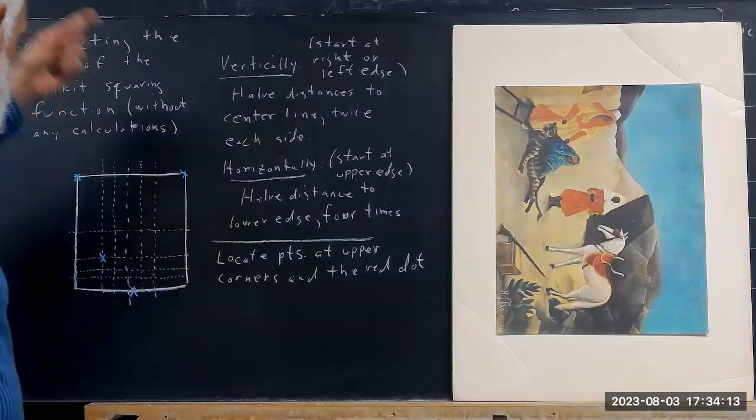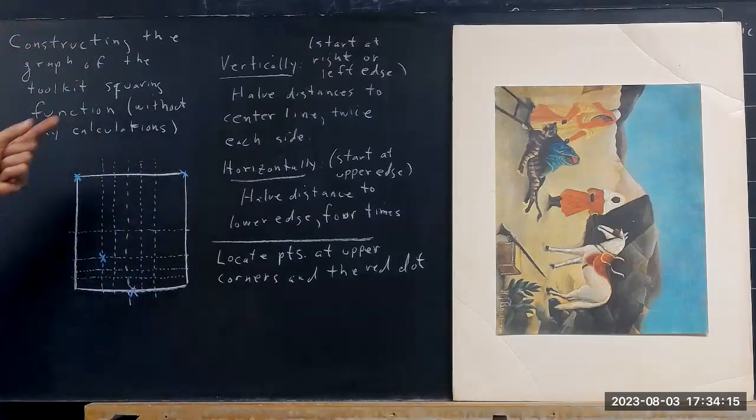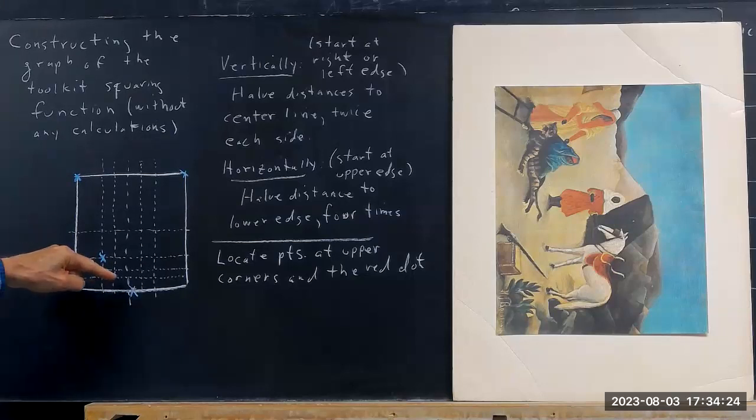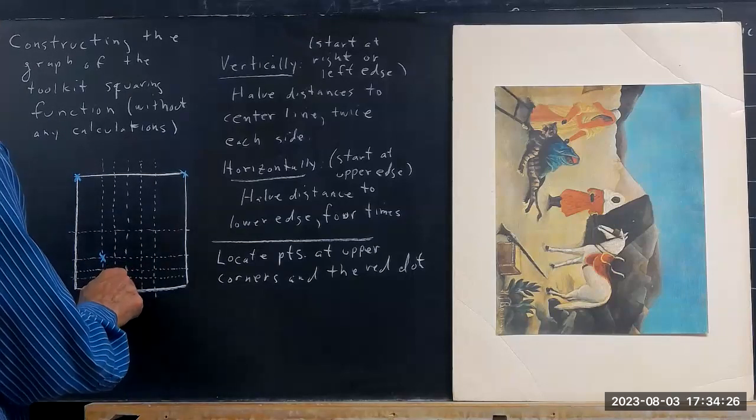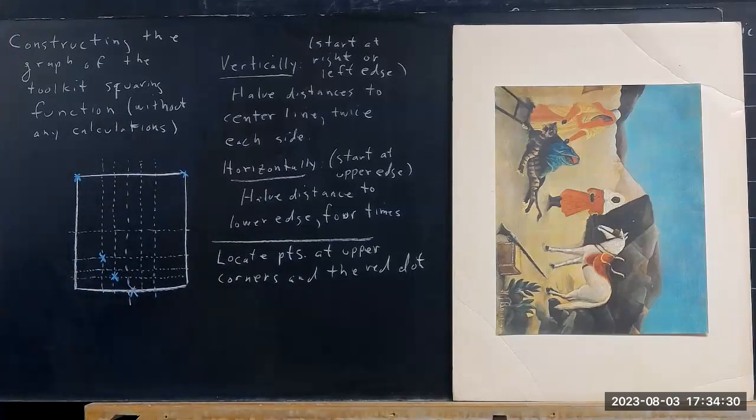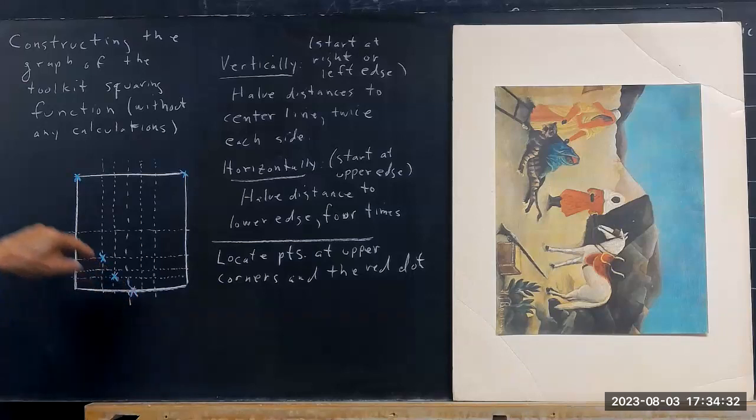And then we'll go this way. We skip another horizontal line and go to the next vertical line, which is here. We'll put a point here. That gives us 2 new points.